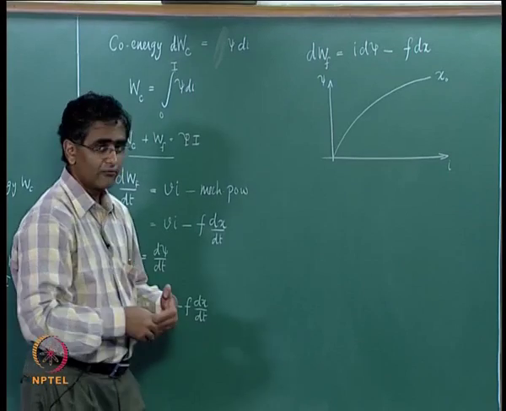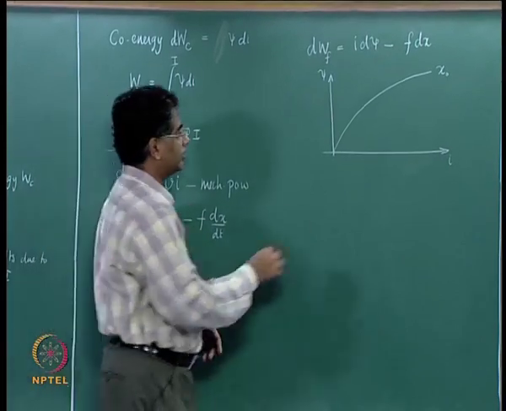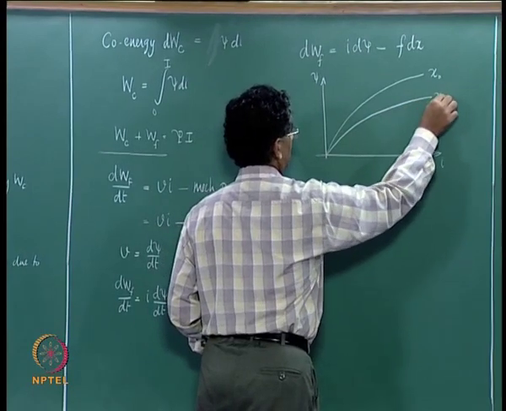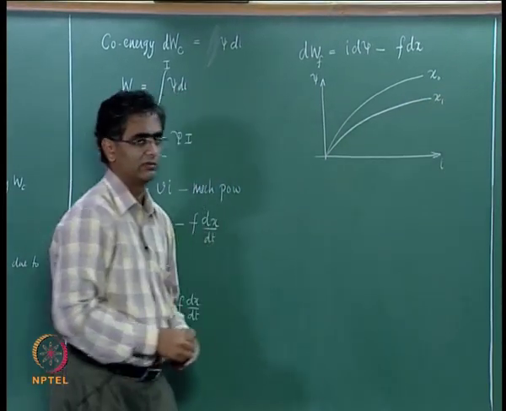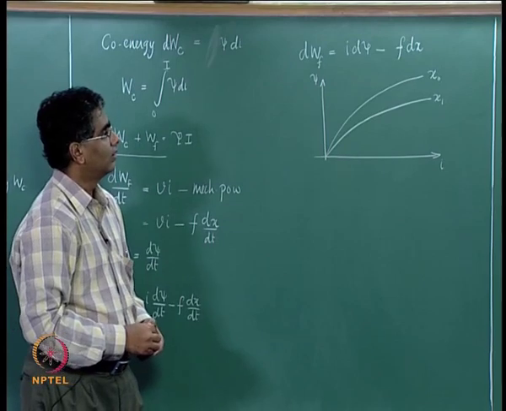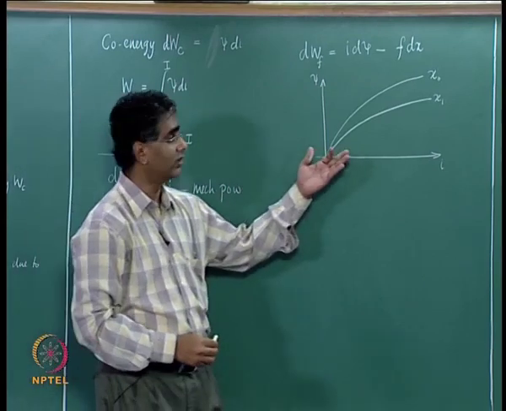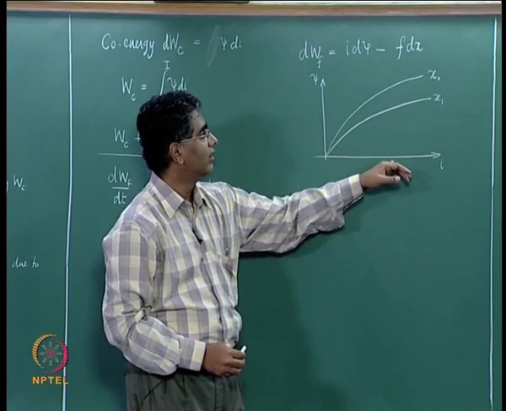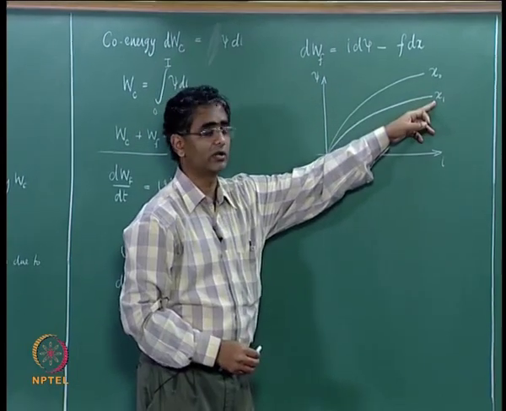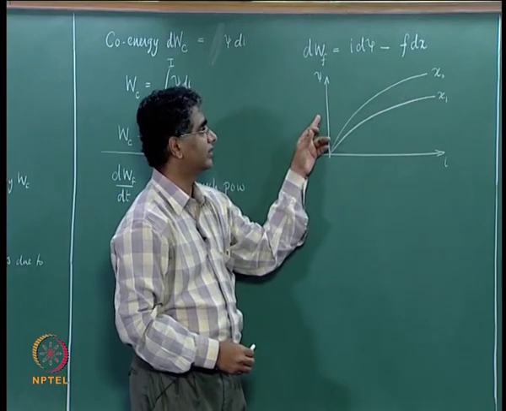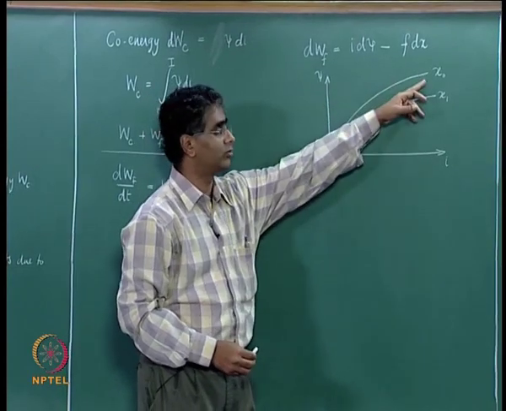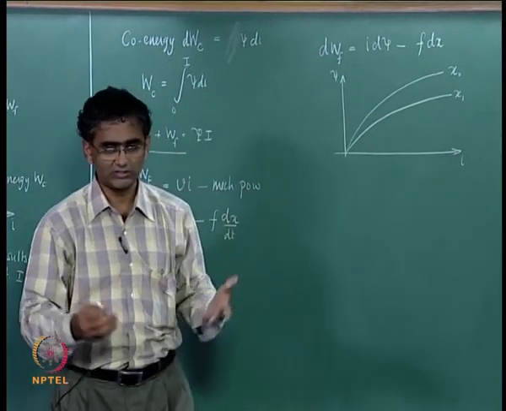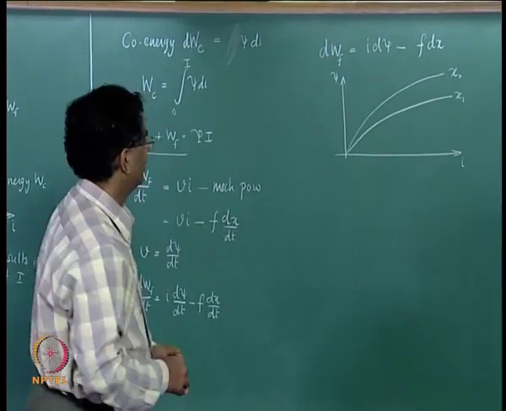If the value of x is going to change, then you would get some other curve at another value x1. So obviously here we have drawn the curve x1 such that for the same current I, this location x1 gives rise to a flux linkage that is lower than at the position x0. It could have been also the other way around, it is just arbitrarily we have chosen x0 and x1.